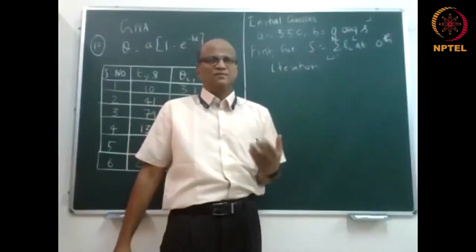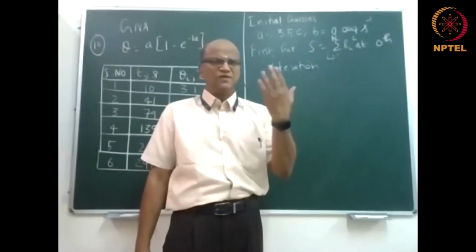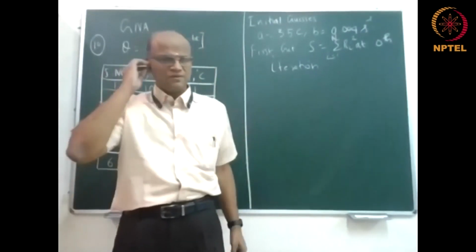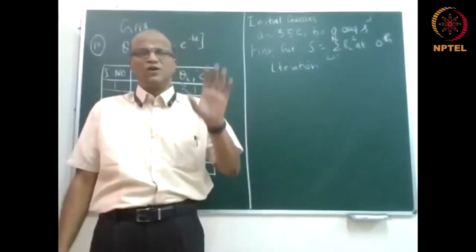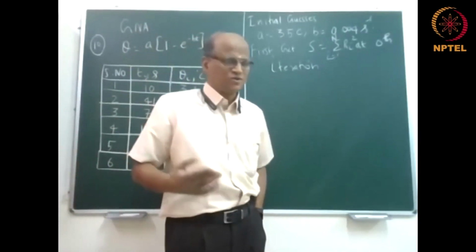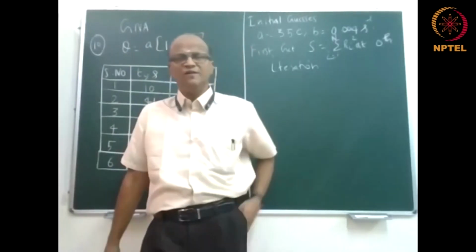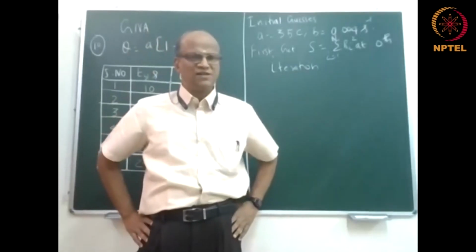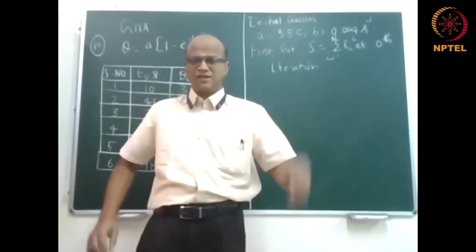If you can solve that analytically, it's very good. That's what we did in the least square regression. Directly, one stroke, dou S by dou A equal to 0, dou S by dou B equal to 0. You got a nice set of equations, but it is not always possible to do that analytically like that one shot. So therefore, we resorted to nonlinear regression where we have an initial guess and then we proceed from the initial guess.